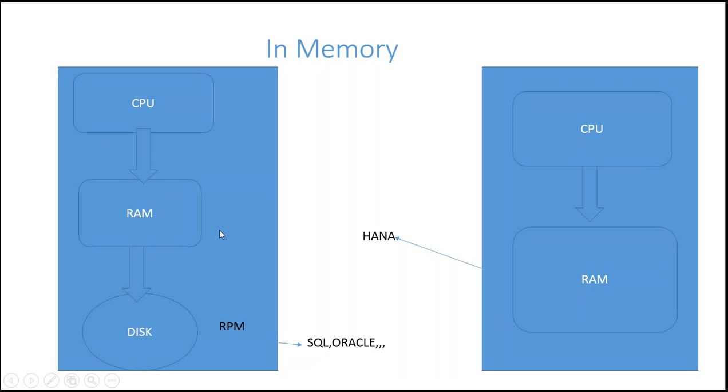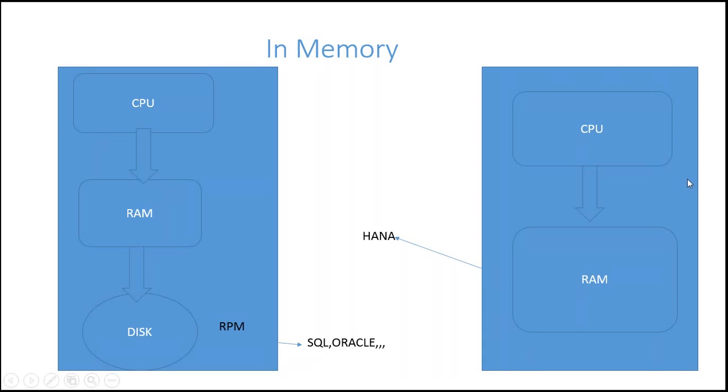So in the traditional way, when you query for a database record, the CPU queries the RAM and then the RAM queries the disk. When it returns the information, it has to go to the RAM and then be processed within the CPU. This is clear.